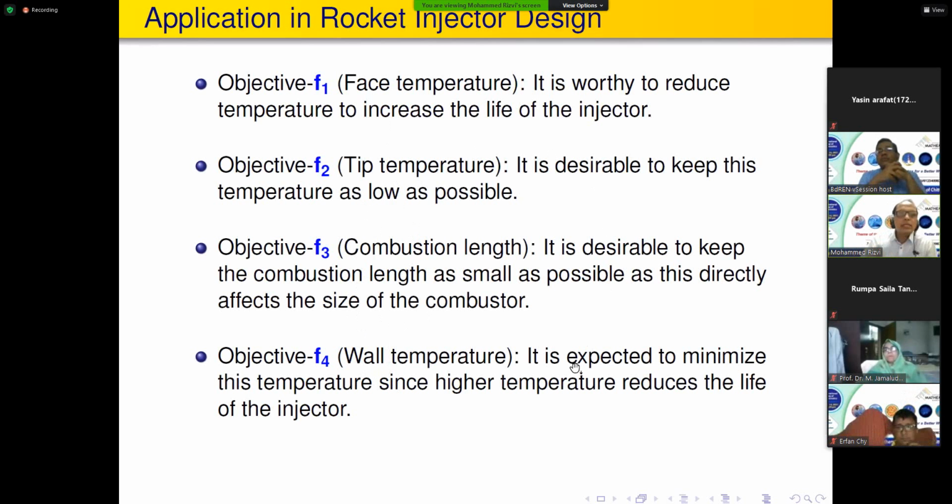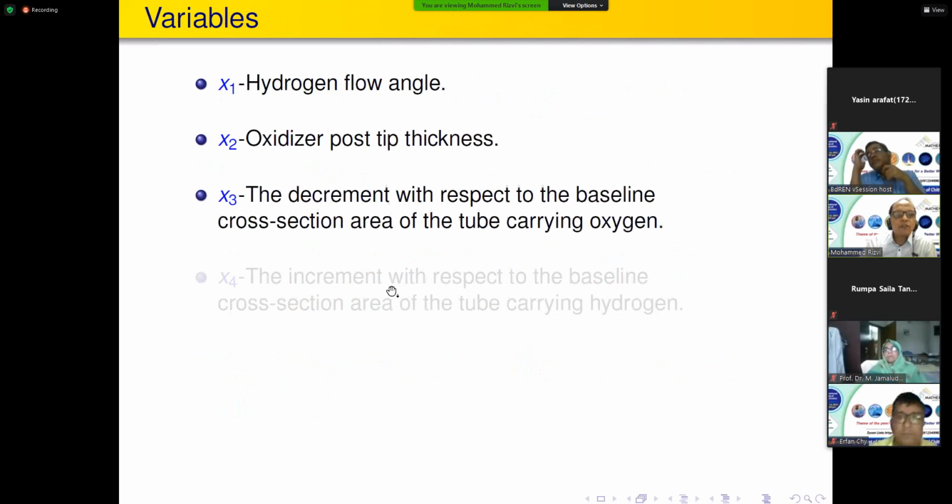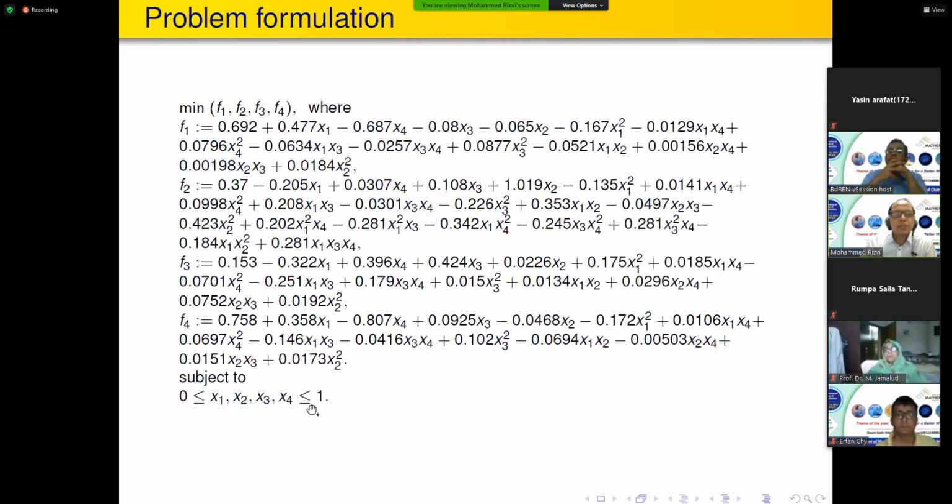They modeled these functions. It has 4 objective functions and 4 variables. We don't have any contribution to modeling these functions. However, we chose this because we want to check how well our proposed algorithms work.